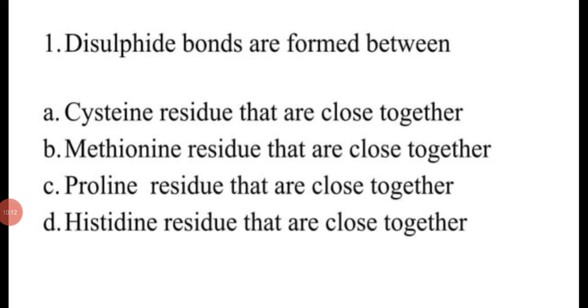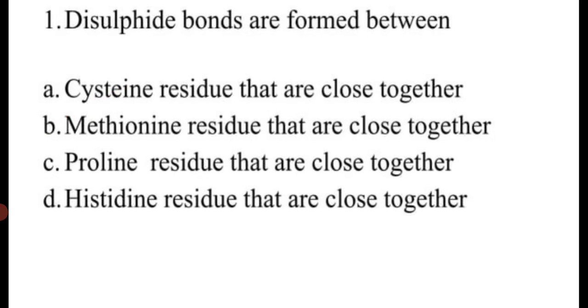Then the next question: disulfide bonds are formed between. Disulfide bonds are formed between cysteine residues that are close together. The answer for this question is option A, cysteine residues that are close to each other. Formation of disulfide bonds between cysteine residues occurs during the folding of many proteins that enter the secretory pathway.